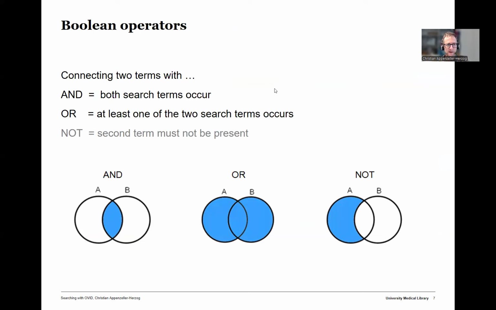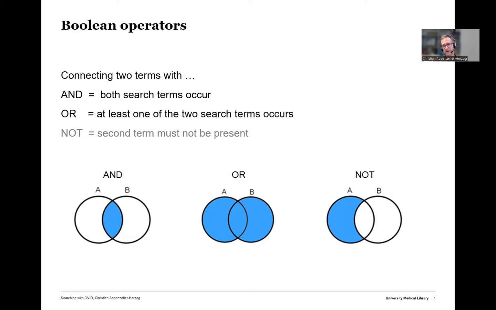We will learn how to use the Boolean operators. We will mainly use the AND and the OR. AND means that both search terms that are connected with this AND must occur in a document. And the OR means that at least one of these two search terms should occur. The OR is usually used for synonyms, so for instance, dementia OR senile forgetfulness.